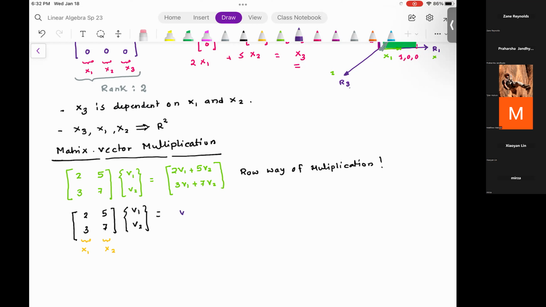So I can say V1 times (2, 3) plus V2 times (5, 7).